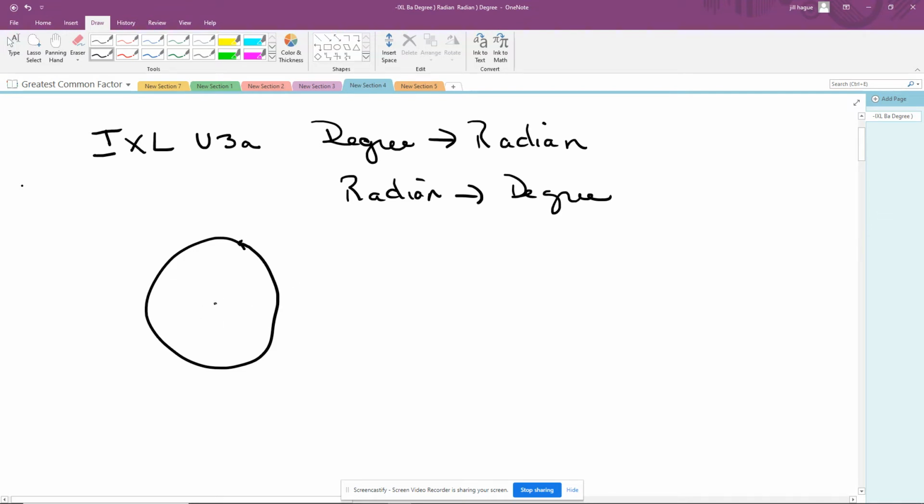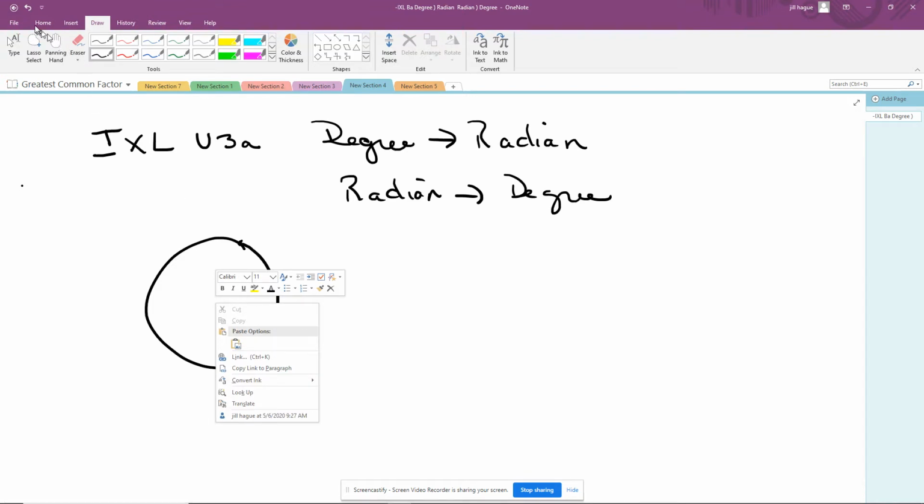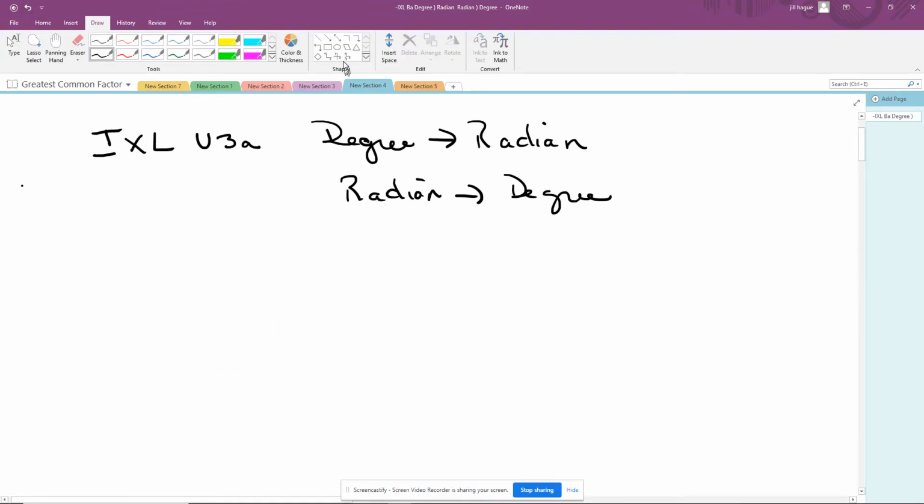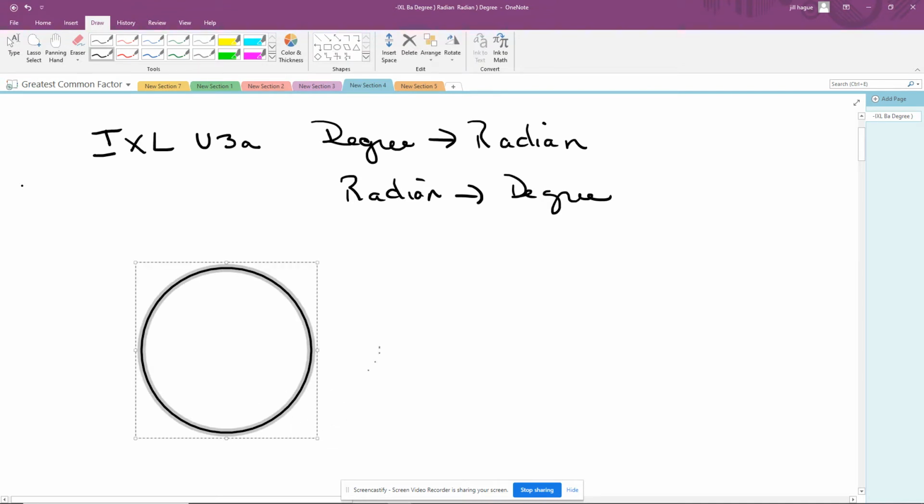So the unit circle was, let me draw a better circle than that. There we go. Okay. So we want to talk about having a radius of 1. That's what makes this the unit circle. So we get a little radius of 1 here.